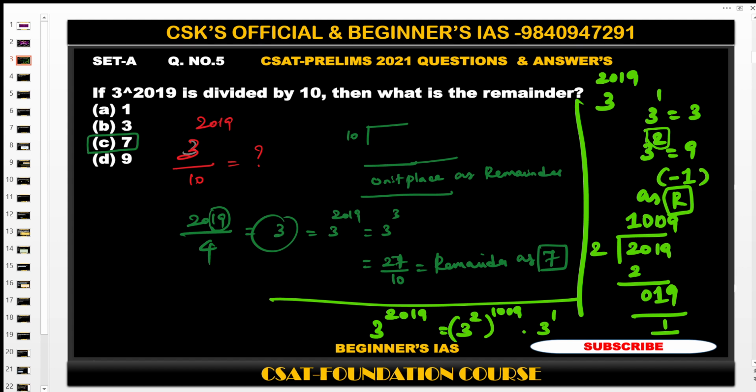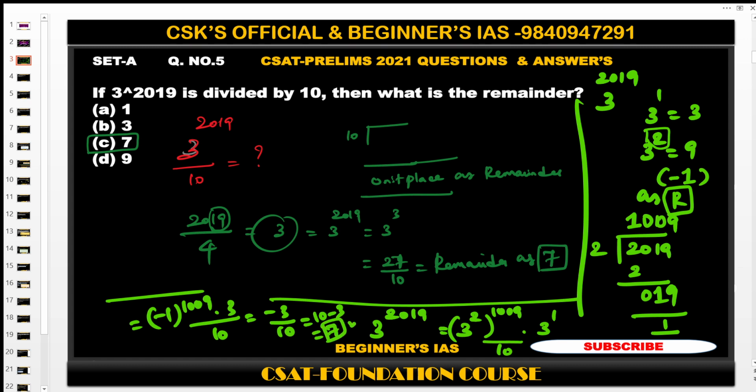Now 3 power 2 gives you minus 1 as a remainder when divided by 10. So minus 1 the whole power 1009 into 3 by 10 is equal to minus 3 by 10. When the resultant is negative, you simply add the denominator to the numerator, which is equal to 7. So 7 is the remainder.